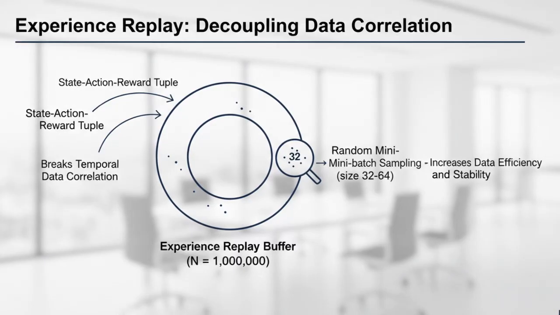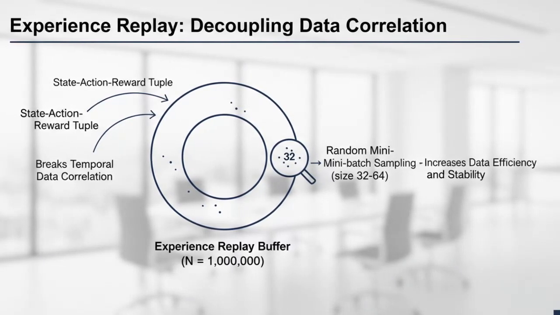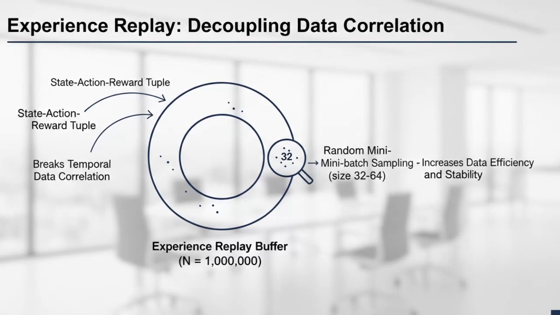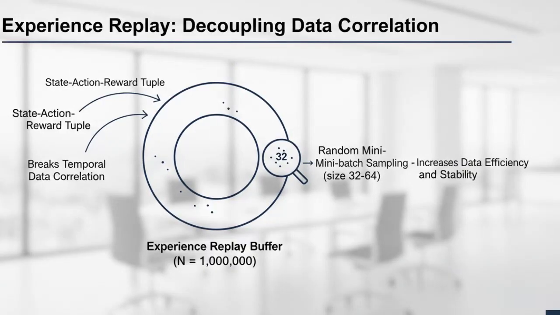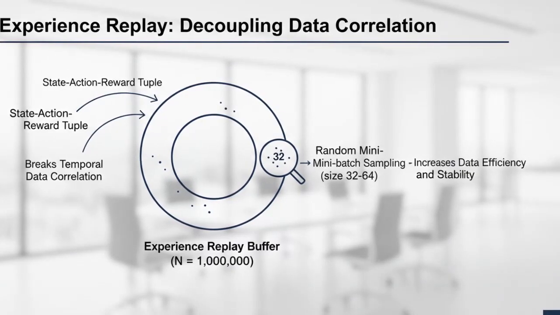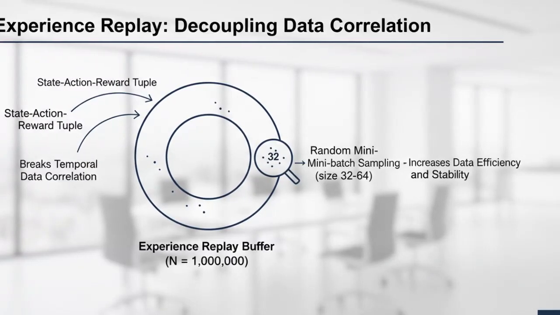During training, we sample a mini batch of 32 or 64 transitions at random. This randomization breaks the correlation and mimics the independent and identically distributed data requirement of supervised learning. From an infrastructure perspective, this buffer is your primary memory constraint, requiring careful allocation.